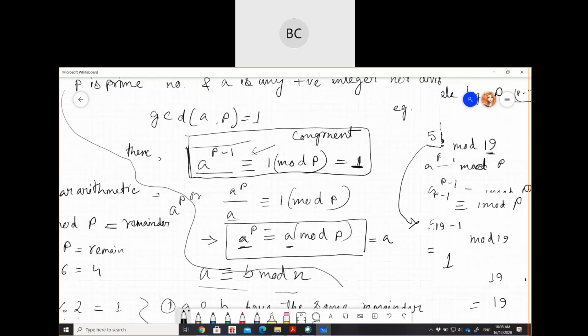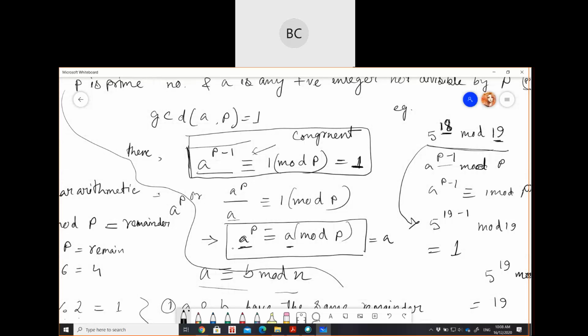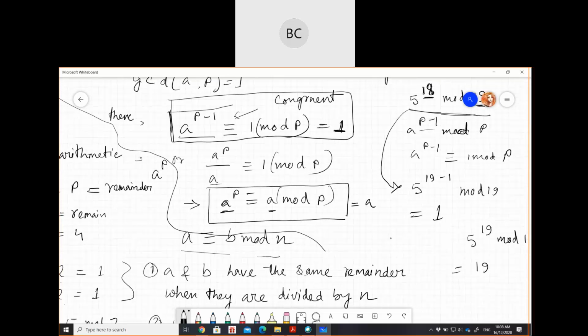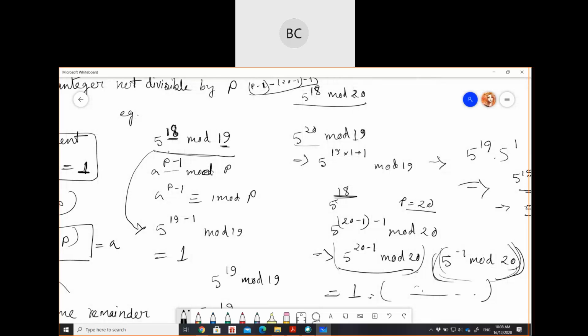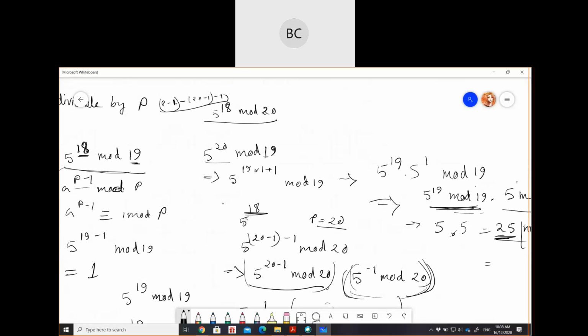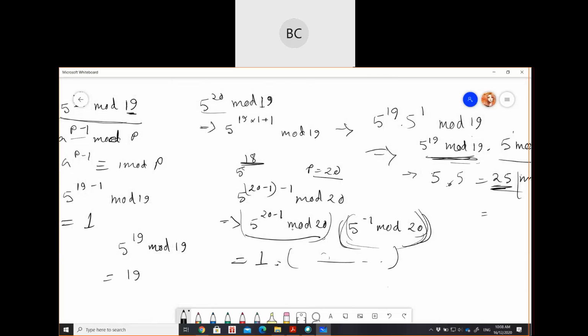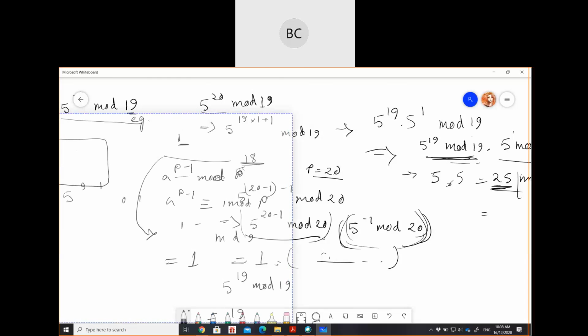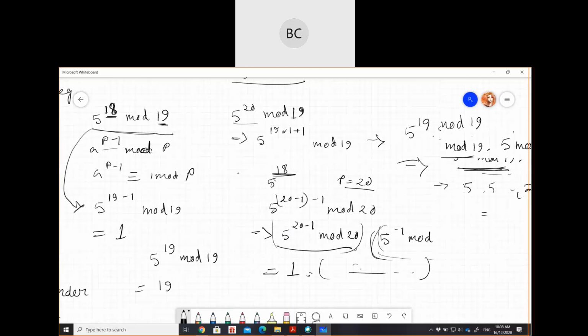For Fermat's theorem, just remember, if anything is in this format, you can directly write the answers, equal to 1 and equal to a. If it's not in that format, you have to do some more calculations, converting the term into some expression which will help you put everything in this format.